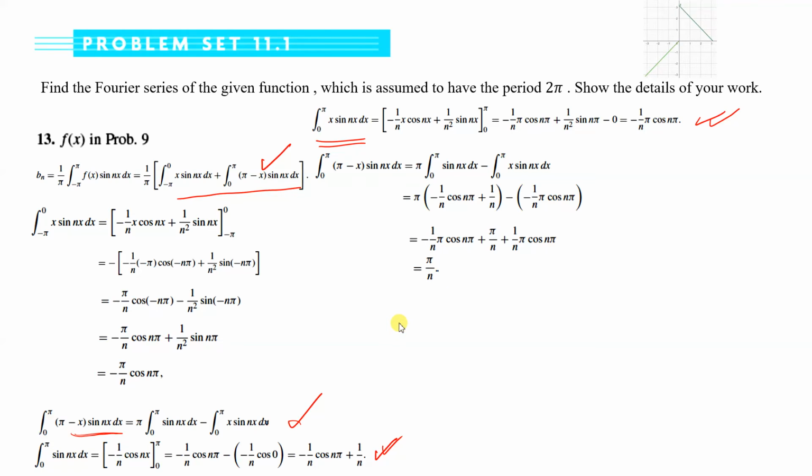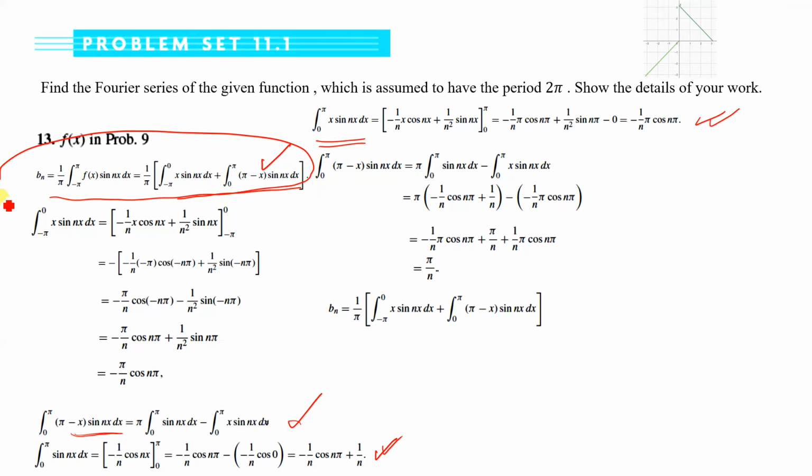So now we have to plug in this value into this equation in order to find the value of Bn. So Bn is equal to 1 over pi times the sum of these two integrals. Now the value of the first integral is this, so let's substitute the values.